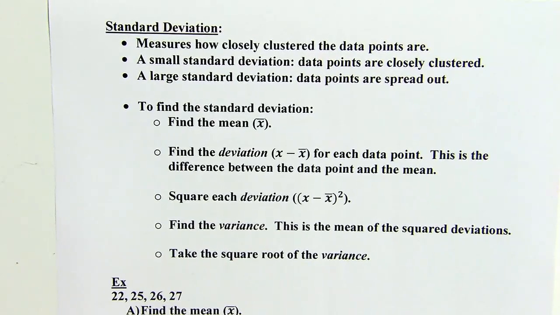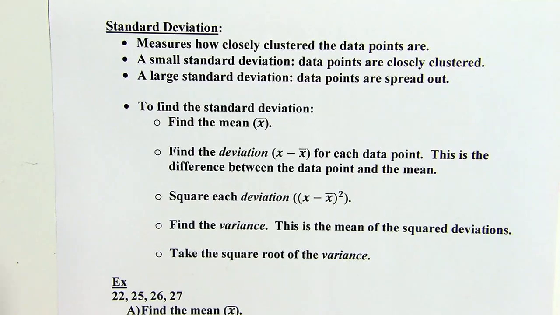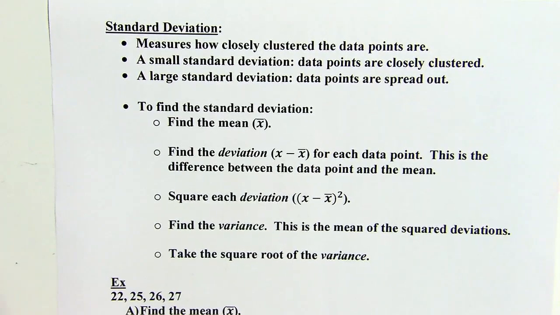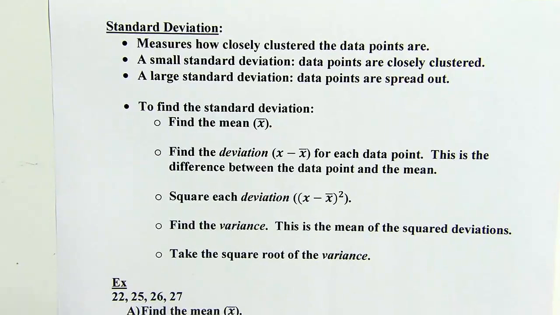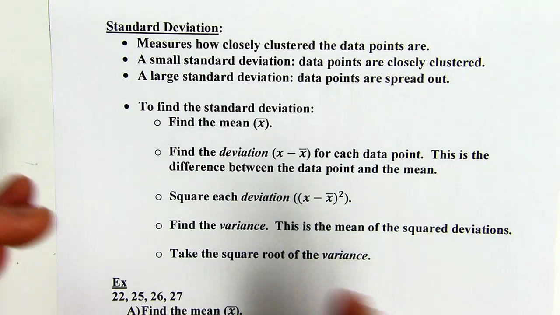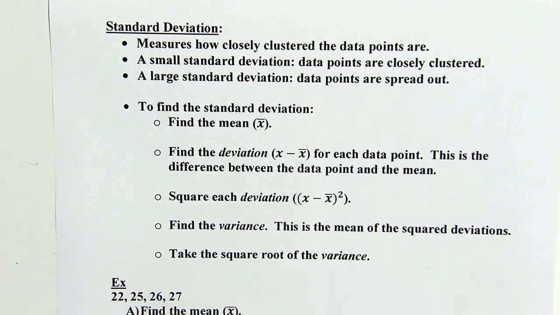And then you've got another class, and half the kids get a 0 and half the kids get 100%. Well, both classes have a mean of 50%, but it's a very different story. One class is very consistent, all of the data points were the same. In the other class, they had a huge range and a big spread. So standard deviation measures how closely clustered data points are.